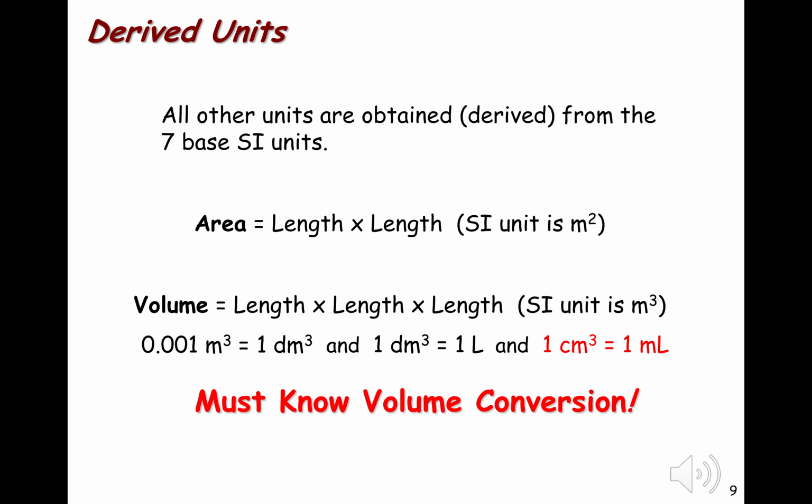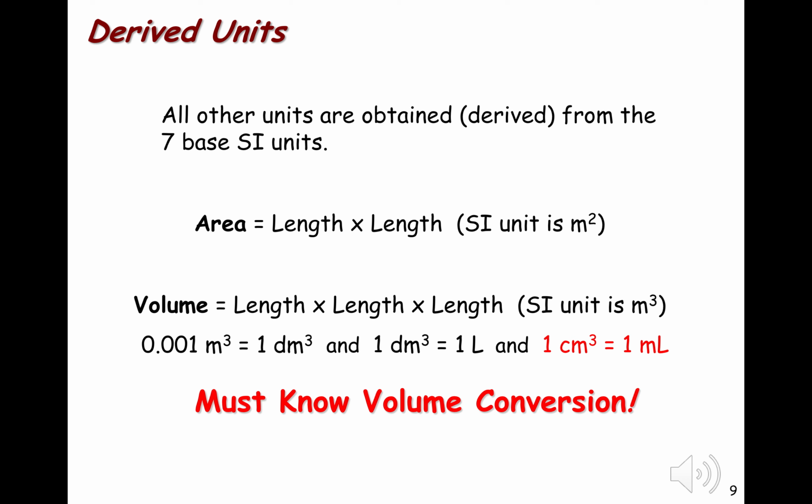And finally, we have an example of a derived unit. Derived units come from the base units. A good example of this is area. Area is a two-dimensional unit because area is the length of, say, a square times the length of the second side of a square.